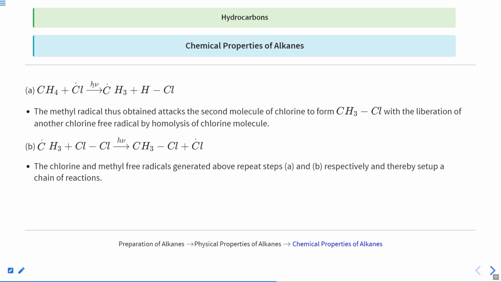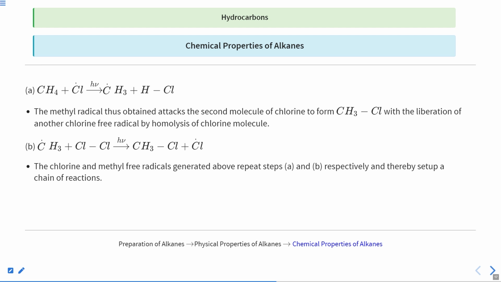So each of these steps has a homolytic cleavage. Okay, there is no evidence of heterolytic cleavage in this reaction, and this step is called the propagation reaction, because the Cl radical that was formed in the initiation step is propagating this reaction further. Clear? Okay. So this results in CH3 radical and HCl. Now this CH3 radical again cleaves a Cl-Cl bond, and that results in CH3Cl and Cl dot. Okay, clear?